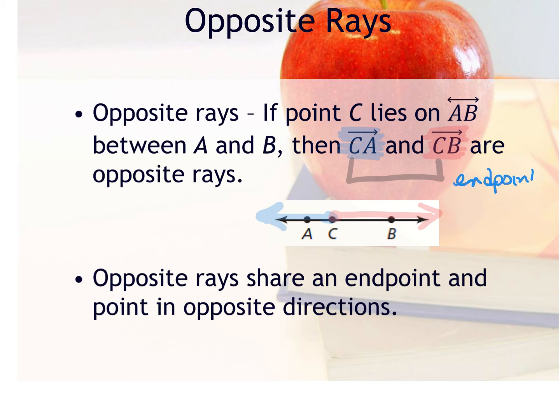So they both have the same endpoint, but they point in opposite directions. So opposite rays always share an endpoint, and then they point in opposite directions.